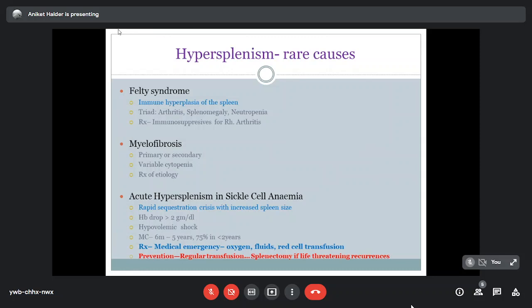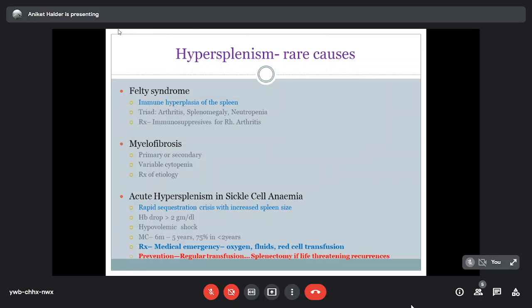So this is most common in the early ages, within 6 months to 5 years of age, and more than 75% of cases occur in children less than 2 years of age. The treatment: it should be treated as a medical emergency with oxygen, fluids, and blood transfusion.